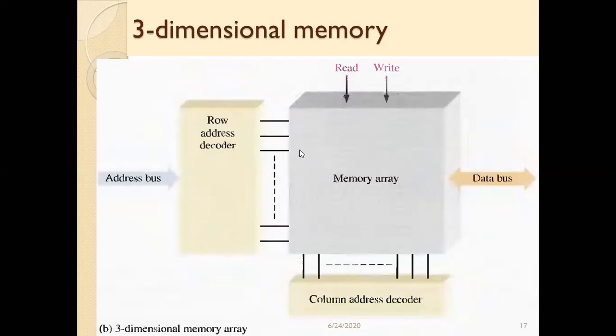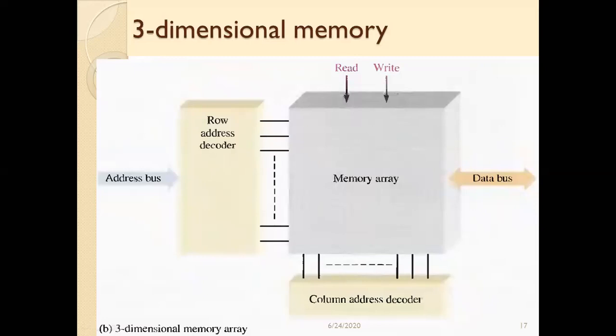The address which you gave with the help of the address bus would be decoded with the help of the row address decoder and the column address decoder. Then with the help of this row address and column address, a specific memory location would be selected.